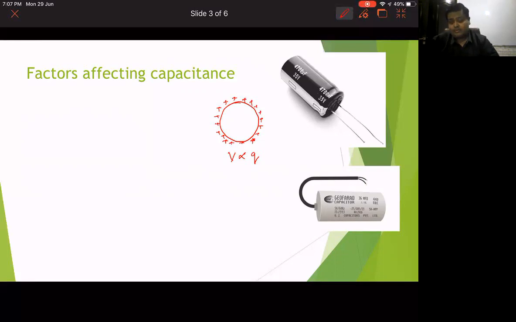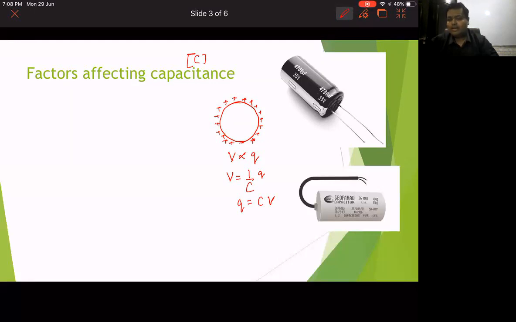Now that's the potential. So what do we do? We remove the proportionality sign and introduce a constant term. That's 1 upon C over here, and that C is taken as the capacitance. You can also write this relation in a convenient format: Q equals C into V. Every constant has a deeper behavior.